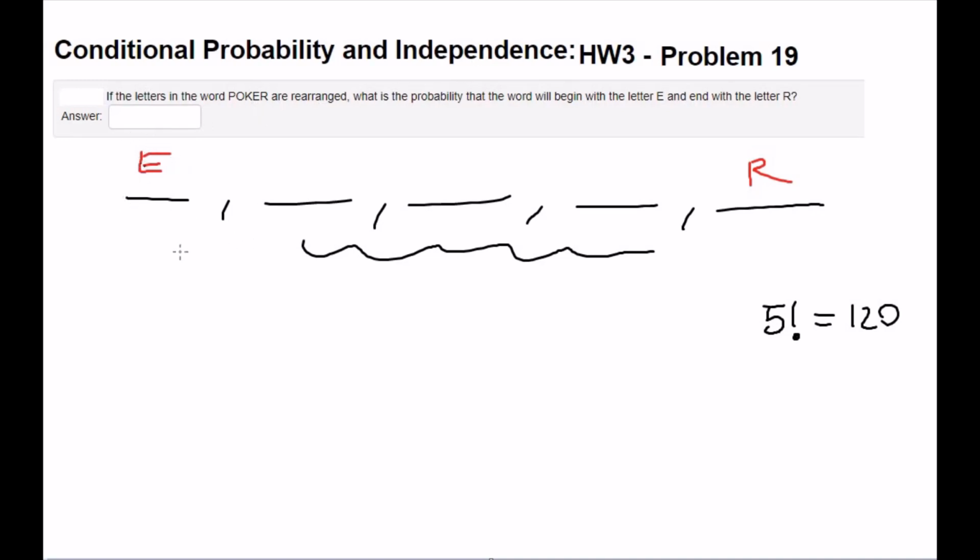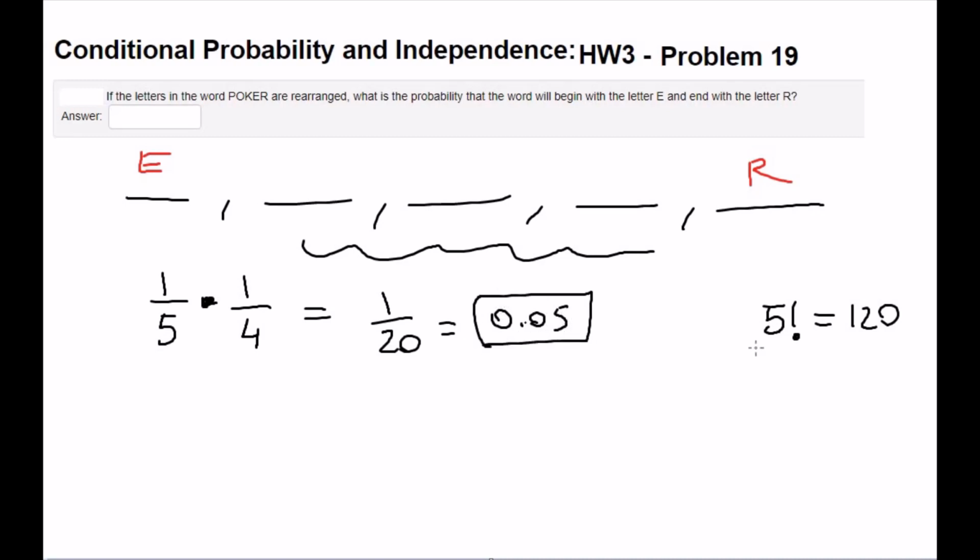But we wanted to start with E, so we have 1/5 chance to pick E here at the first coordinate. 1 out of 5 times, likewise we need this time 1 out of 4 probability to pick R here, because 4 letters are left and we want one of them to be here. So it's going to be 1/20, 0.05 chance to get a word starting with E and ending with R.